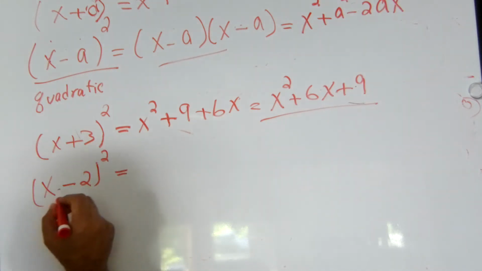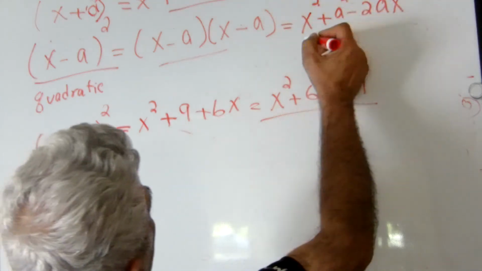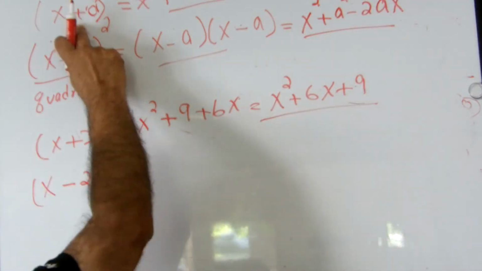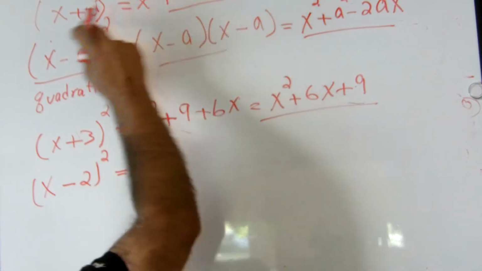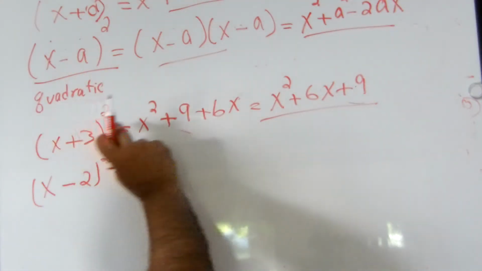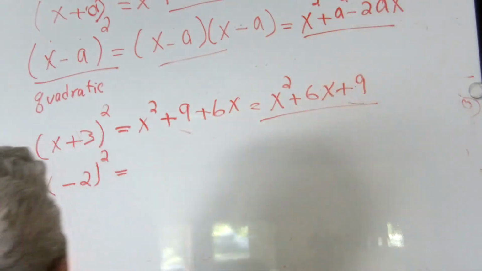We can write all kinds of examples. The only difference between these two is that there is a plus sign there, so it's plus 2 times the first one times the second. And if it's minus, this one is going to be minus.